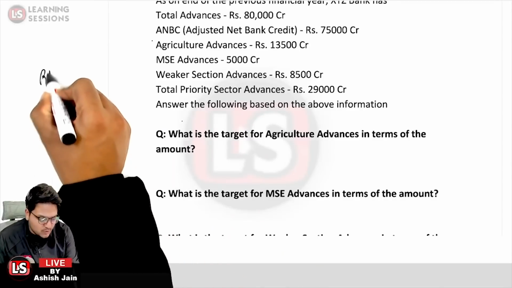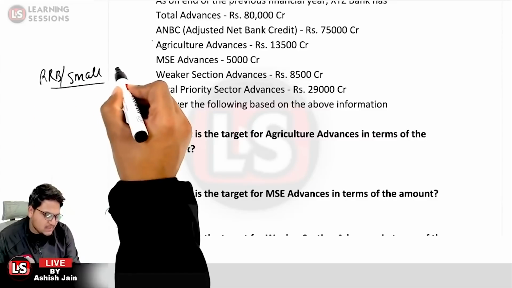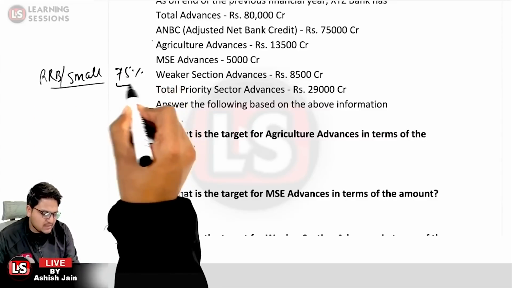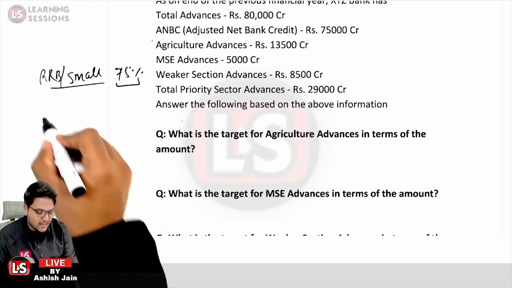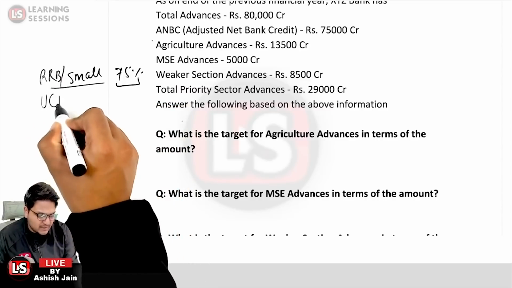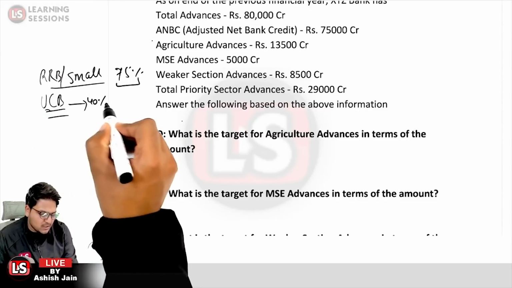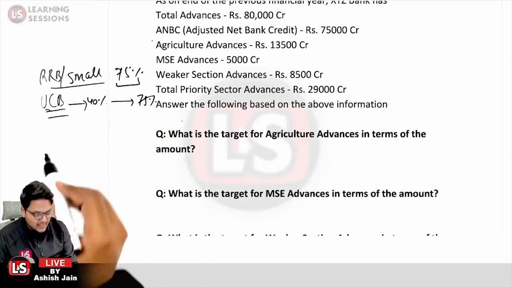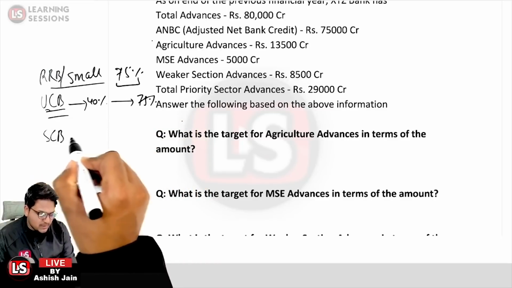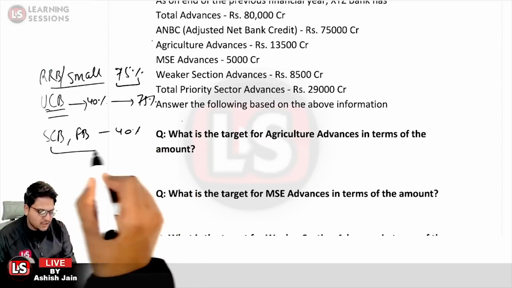For regional rural banks and small banks, the target is 75% of ANBC or CEOBE, whichever is higher. And also for the urban cooperative banks, previously it was 40%, but now it is to be increased in a phased manner towards 75%. And for the scheduled commercial banks and the foreign banks, it is 40%. Is that clear?